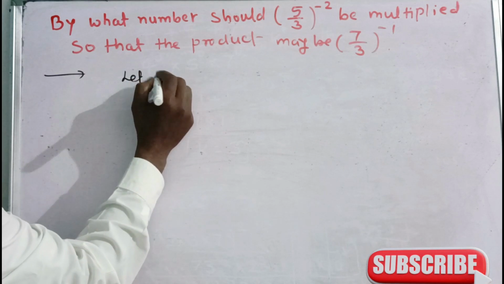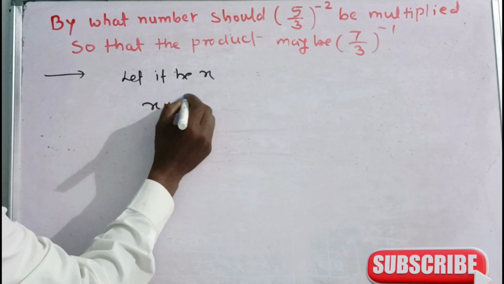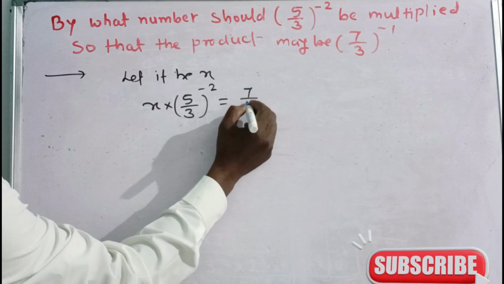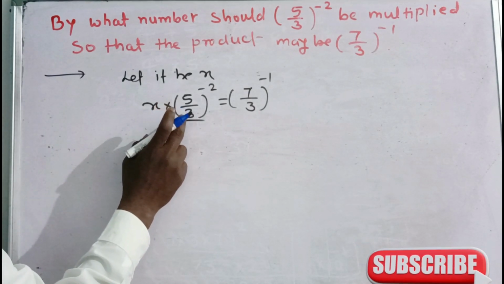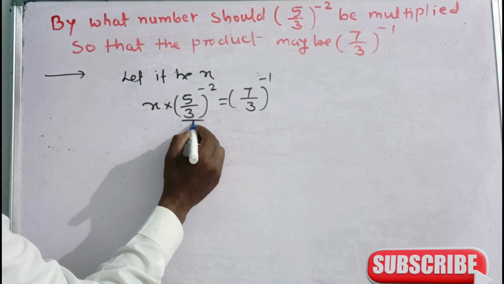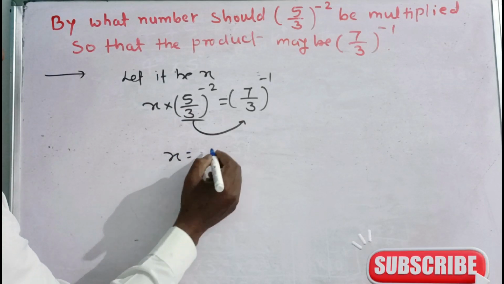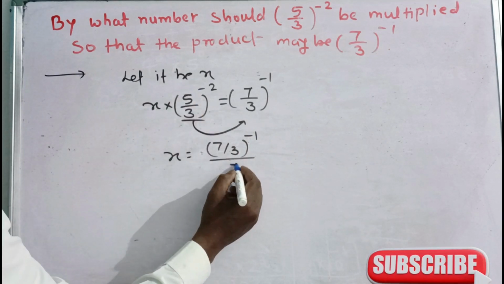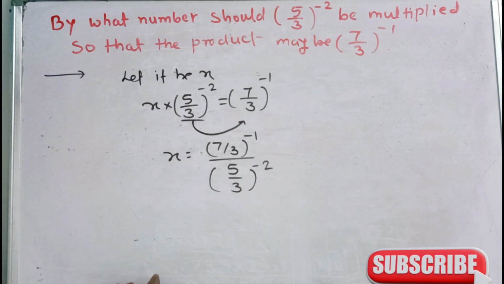हम कैसे सॉल्व करेंगे? Let it be x into 5 by 3 raised to the power minus 2 is equal to 7 by 3 raised to the power minus 1. We want to find out the value of x. So if we take this term to the right side, it goes into division. X is equal to 7 by 3 raised to the power minus 1 divided by 5 by 3 raised to the power minus 2.